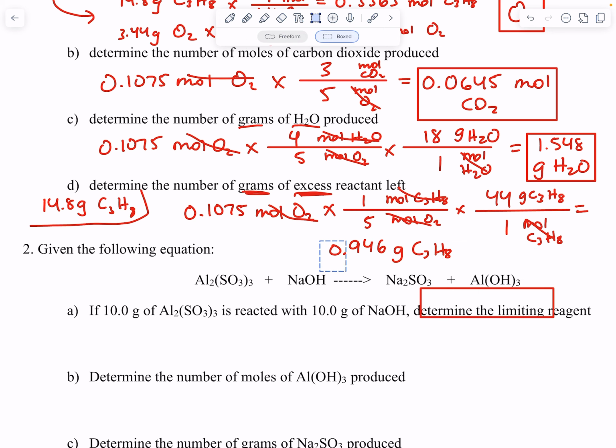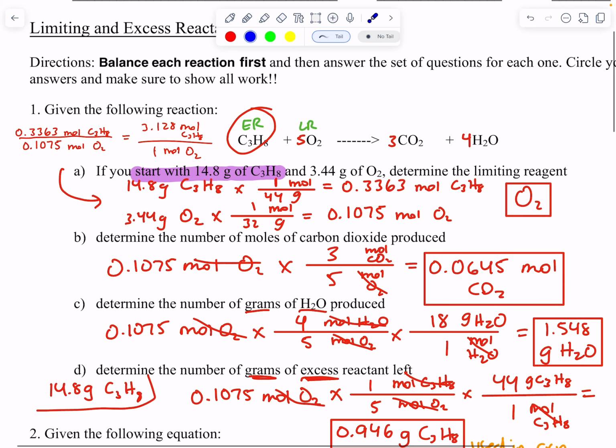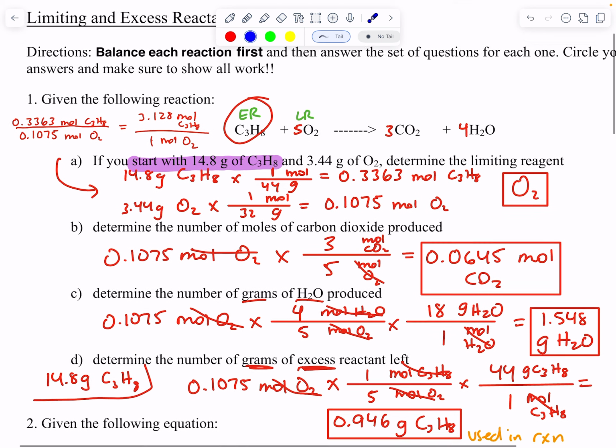Okay, and I'll write that here. Used in reaction. Because again, I had 0.1075 moles of oxygen that I used completely. I used it up all completely, right?